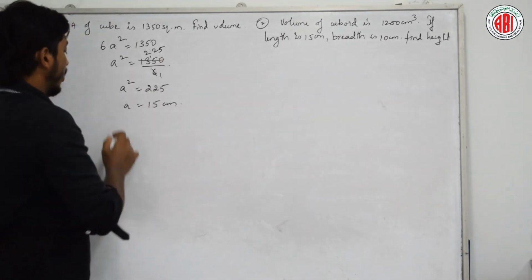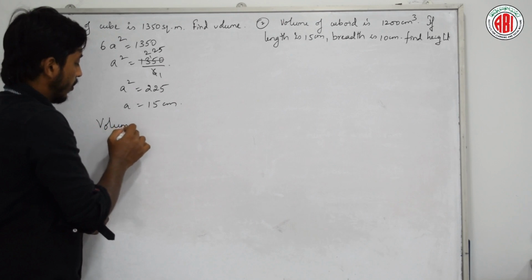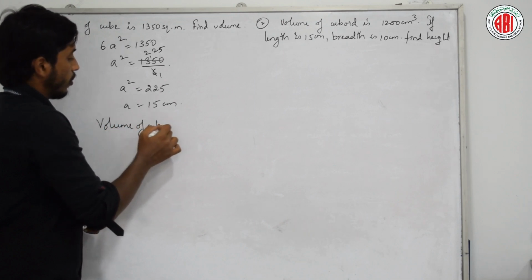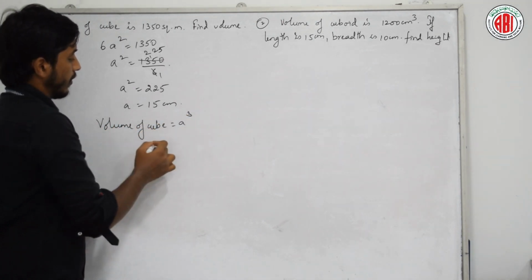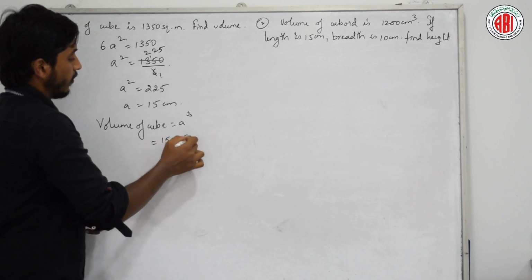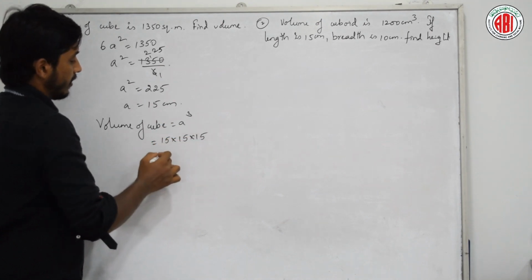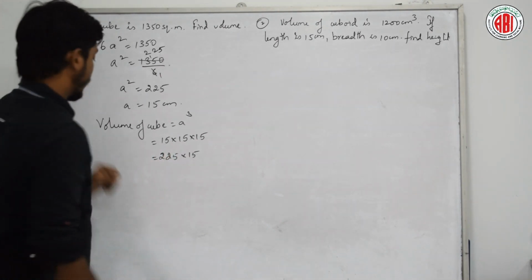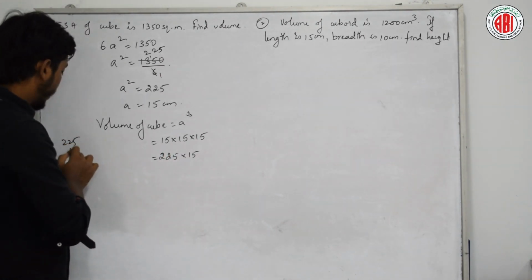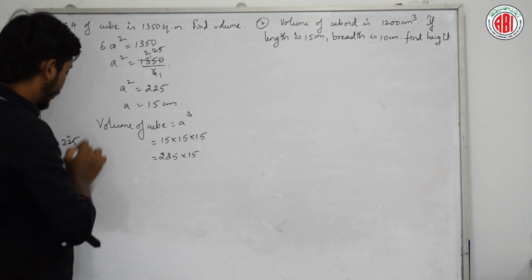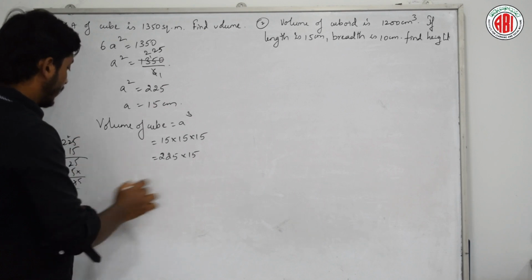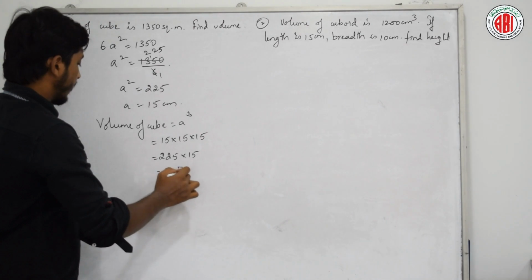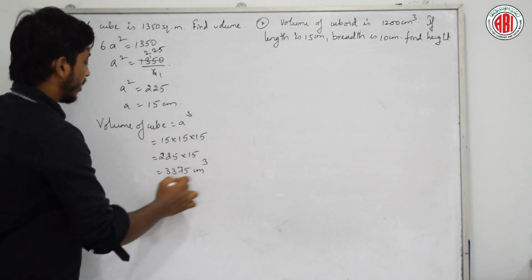What's the volume of a cube? Volume of cube is equal to a cube, that is 15 into 15 into 15, which is 225 into 15. Just multiply and let me know. 225 into 15 is 3375 centimeter cube.